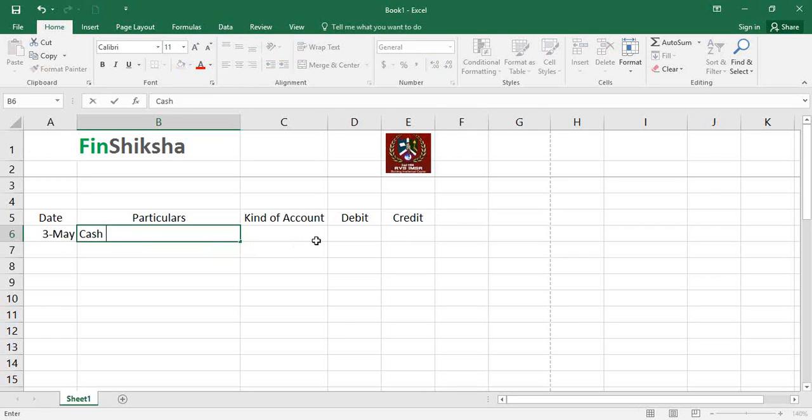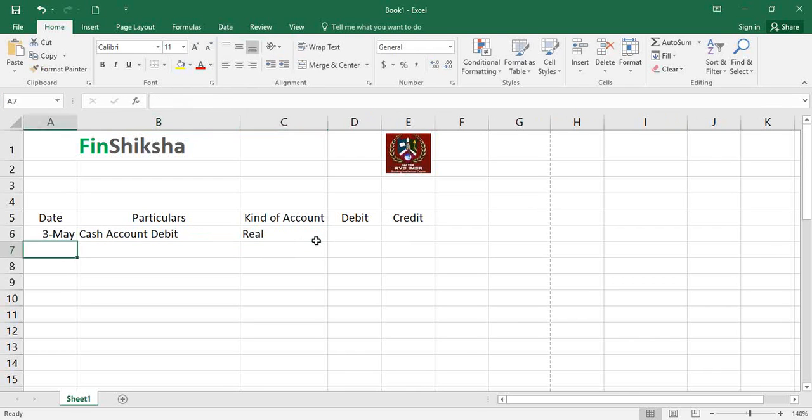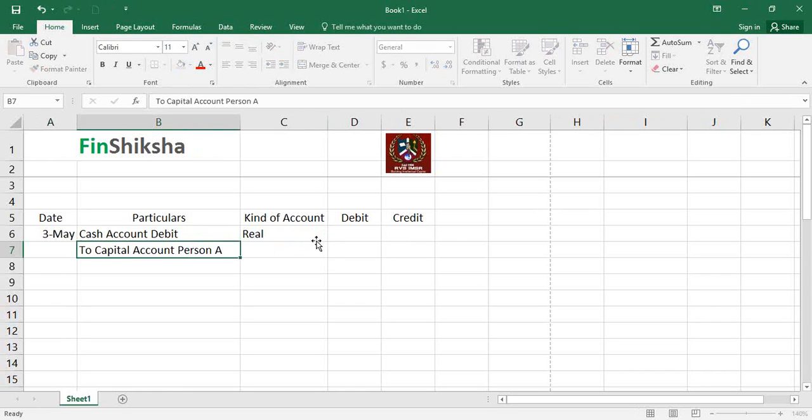We're going to put in cash account debit. Why debit? Because cash is a real account, and debit what comes in, basically, in this case. To capital account person A, or person A capital account, we can name it anything. That's the second account that comes in.